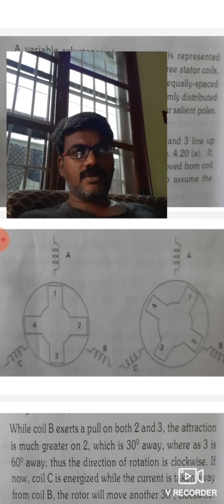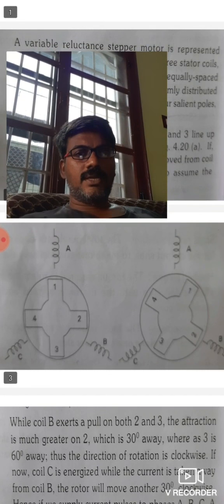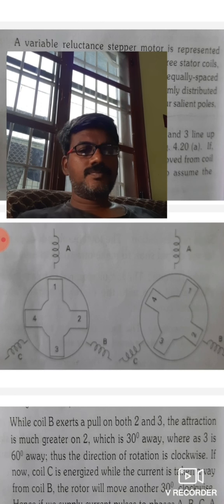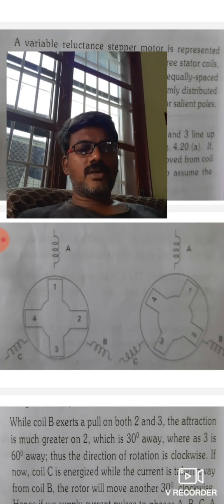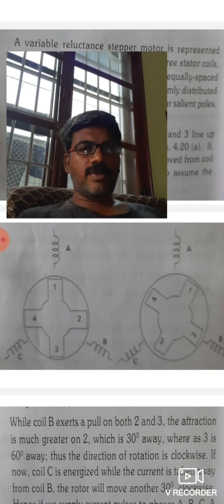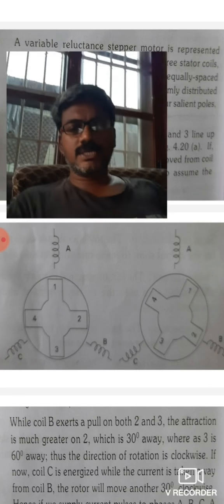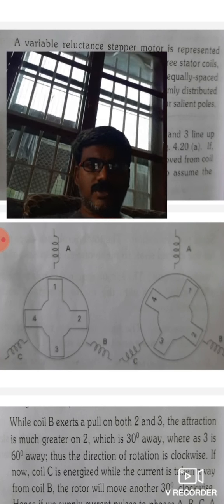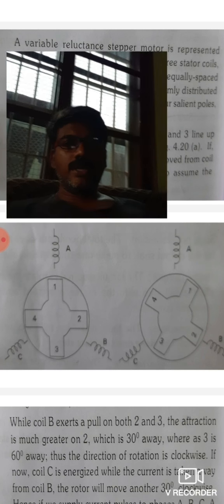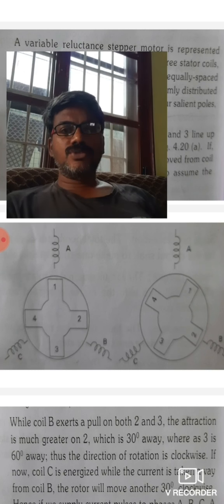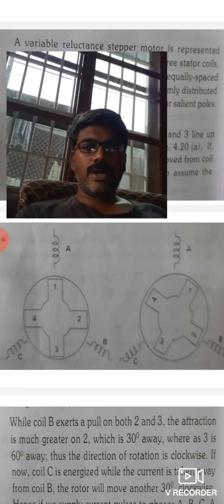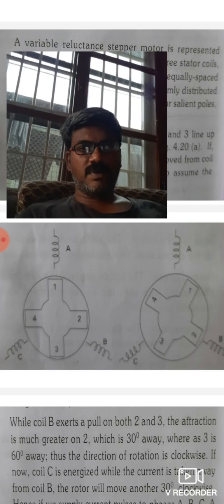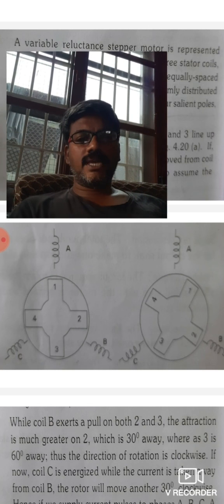We have A, B, C. You can observe in the diagram A, B, C: three stator coils, or phases, located 120 degrees apart. Each winding or phase is spatially 120 degrees apart.